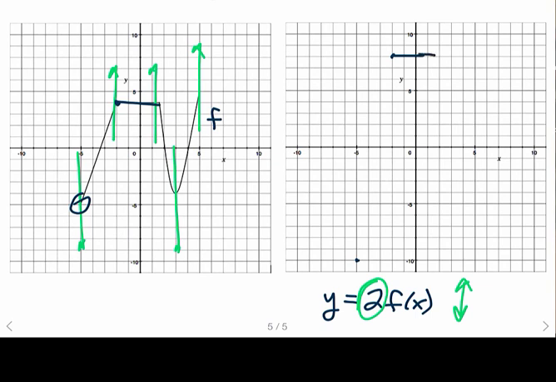Didn't draw that long enough. And then the local minimum here has a y coordinate of negative 4. That's going to land at negative 8. The point of the graph at 5, 5 is going to land at 5, 10. Again, what we're doing is just stretching all of the y coordinates.